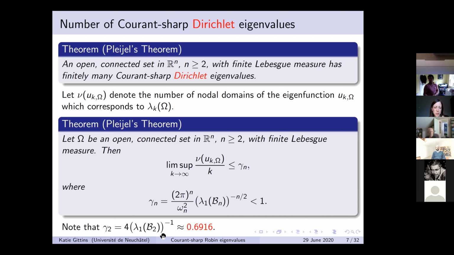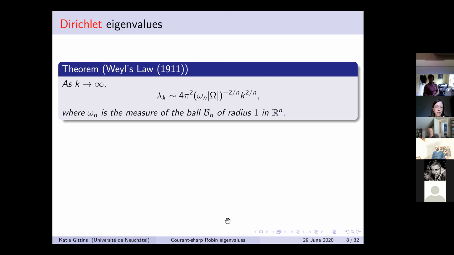And I just wanted to point out that there is this gamma 2, approximately 0.69. That'll be important in a second. But to show you the proof of Pleijel, I need to remind you of 2 facts about Dirichlet eigenvalues. We have, of course, the Weyl law, which tells us how the Dirichlet eigenvalues behave asymptotically as k tends to infinity, where the constant only depends on the dimension and the volume.